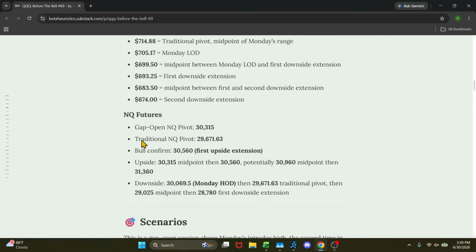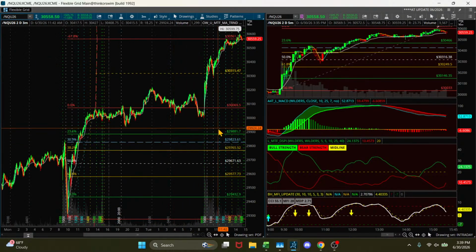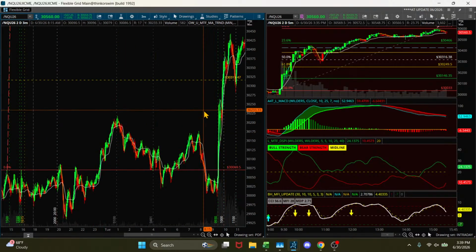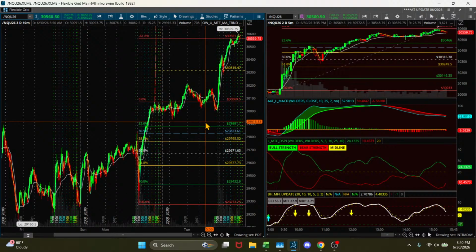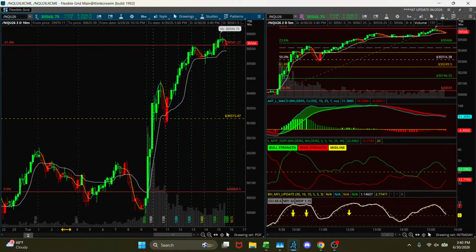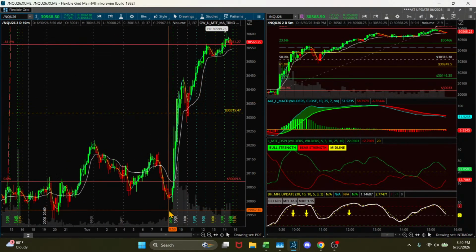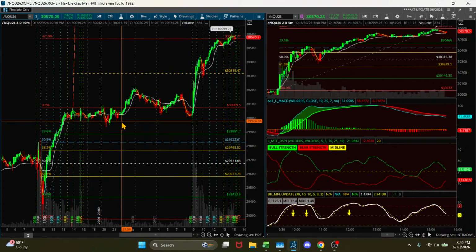When we look at the traditional pivot versus the gap pivot, 30,315, we really opened beneath that gap pivot. The idea was that this pre-market would be trading relative to the midpoint between Monday's high of day and the first extension above.